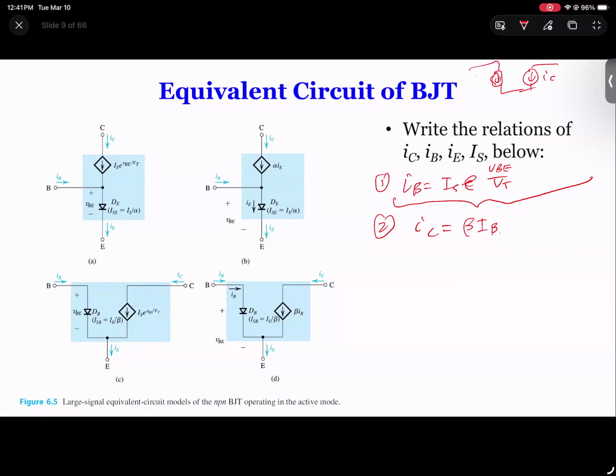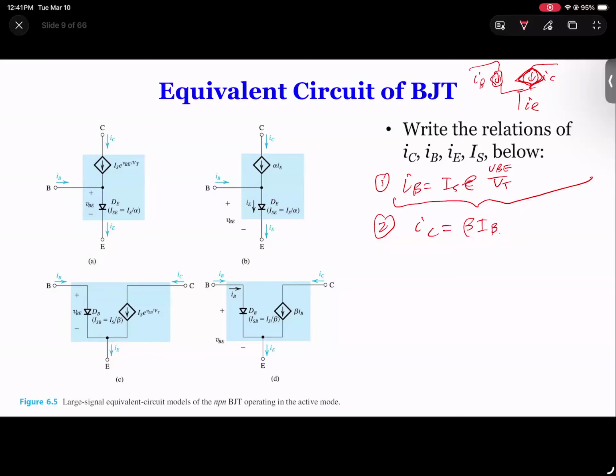IB plus IC equal to IE. Therefore, you can write a very simple diagram where you have IB coming in, and IC is beta times IB, which is controlled. This IC becomes a controlled source like this. It's a diamond, because if you change IB, IC will change. And at the bottom, you have IE. So that is a very simplified model for the BJT.